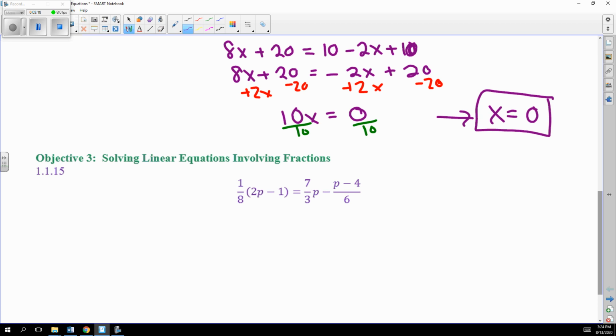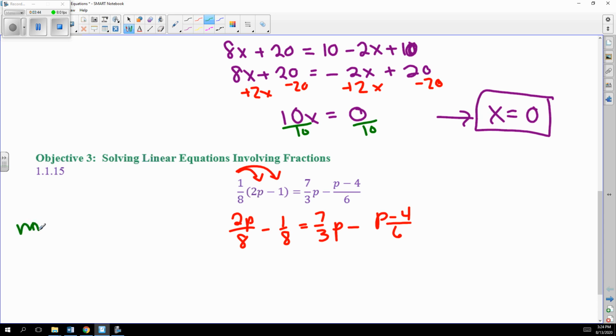The very first thing I'm going to do is distribute this fraction to the two terms right here so that you can see what's going to happen. This would look like 2p over 8 minus 1/8 equals 7/3 p minus (p minus 4) over 6. Then I'm going to multiply by the LCD.